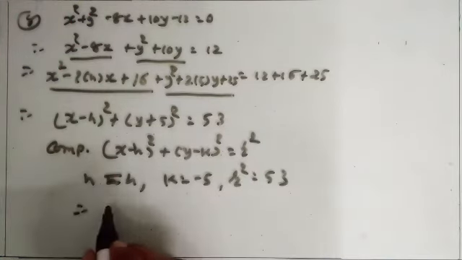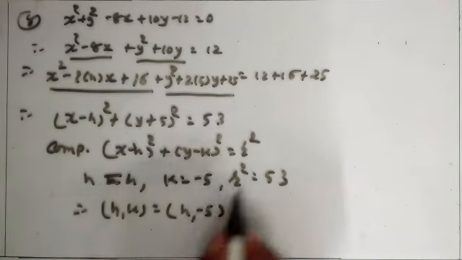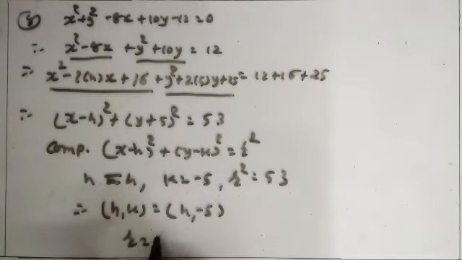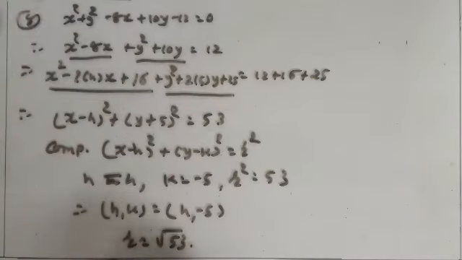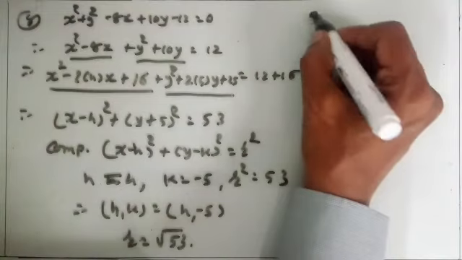Therefore the center (h, k) is (4, -5) and the radius r is equal to root 53. Okay. Question number 9.